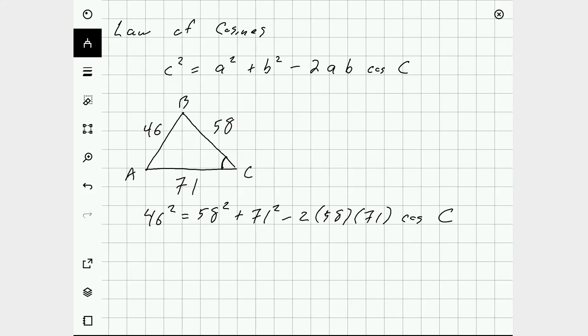I can do some quick number crunching. 46 squared is 2,116. 58 squared is 3,364. 71 squared is 5,041. 2 times 58 times 71 is 8,236. Let's do some subtracting to get the cosine term by itself.